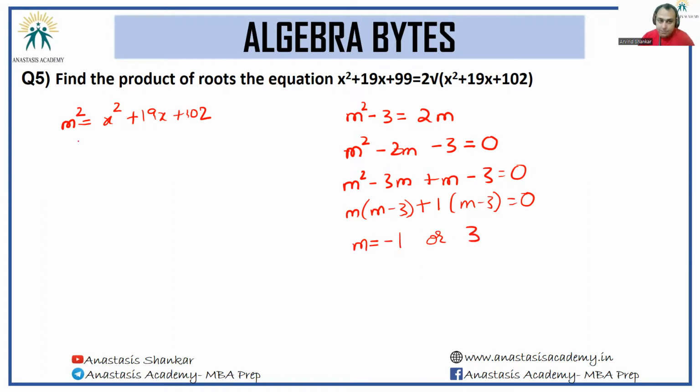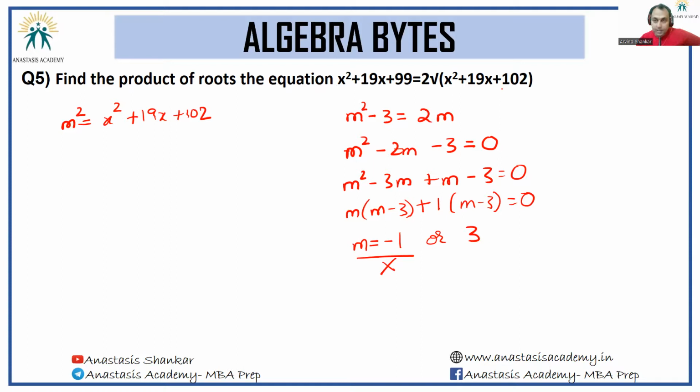Now see this m portion. Given that m is within this under root portion, minus 1 is not really possible. It has to be equal to 3 only.